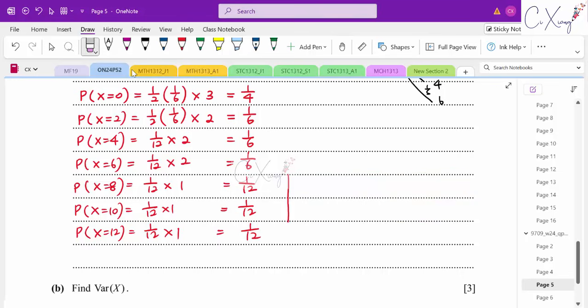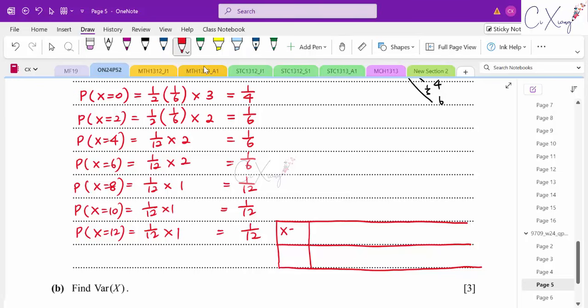Or maybe I put it at the bottom part. Wait there. Maybe I put it here. Okay, so for the first row of the table, I want to put in the value for x. Then the second row, I'm putting the probability. So like what we show here, right?